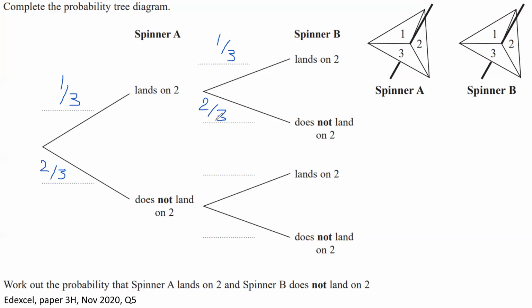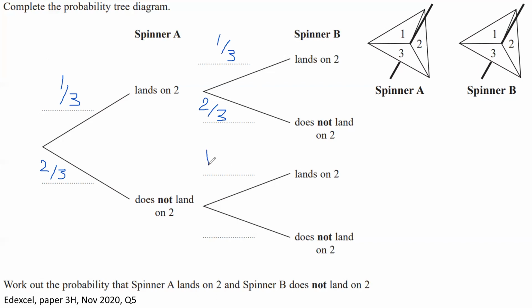And again, we can just do a quick check that that does seem to be right. We know that the total of probabilities always adds up to 1. So we can do 1/3 plus 2/3, 3/3, which is the same as 1. So again, we can be fairly sure that at this point we're doing something that seems sensible. We can then repeat this here because we've got exactly the same.